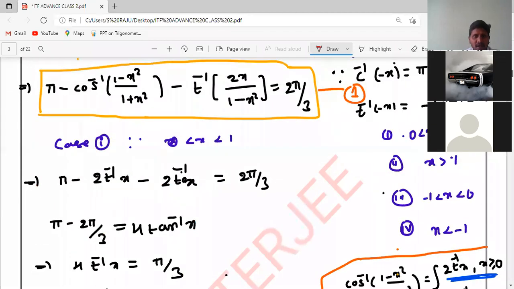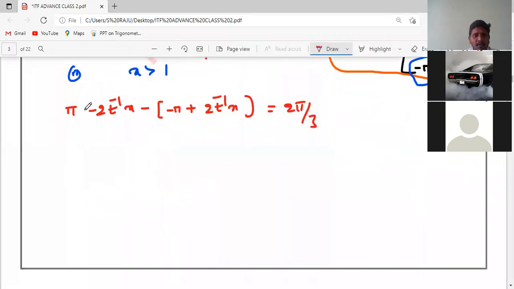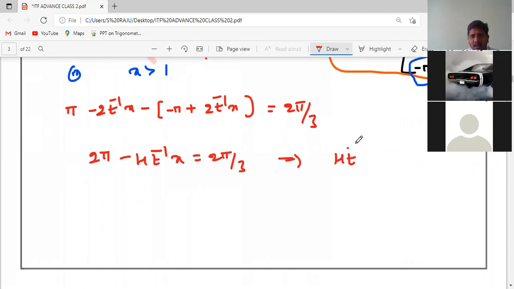So in equation 1, I substitute the cos inverse and tan inverse values, right side is 2 pi by 3. Then look here, pi minus of minus pi, so pi plus pi is 2 pi. Here minus 2 tan inverse x minus 2 tan inverse x, minus 4 tan inverse x is equal to 2 pi by 3. Which implies 4 tan inverse x is 2 pi minus 2 pi by 3.